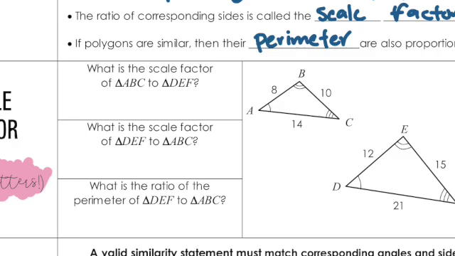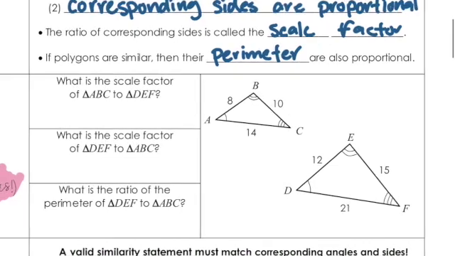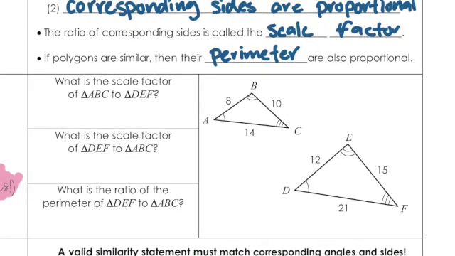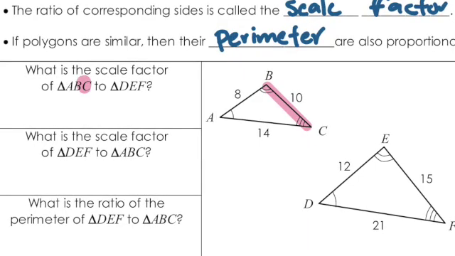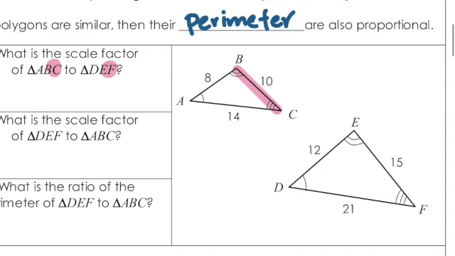Okay, so what is the scale factor of triangle ABC to triangle DEF? Well, remember the scale factor is a ratio of corresponding sides. So it's a fraction of sides. So pick your favorite side. You can pick AB, BC, or AC. I'm personally going to pick BC. And if we look over here, BC is not congruent, it's proportional to EF because BC was the last two letters, and EF is also the last two letters.